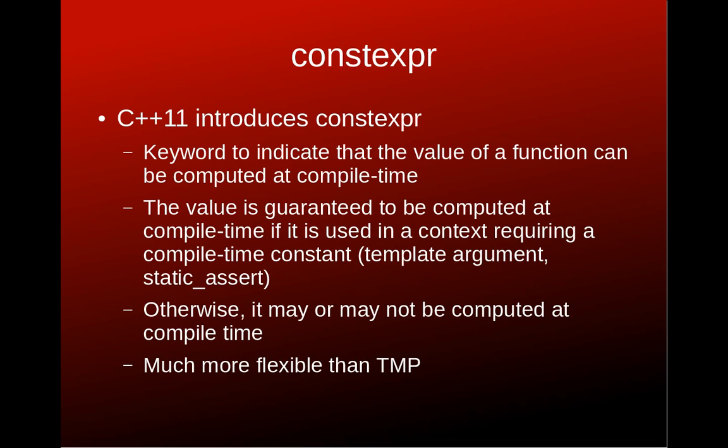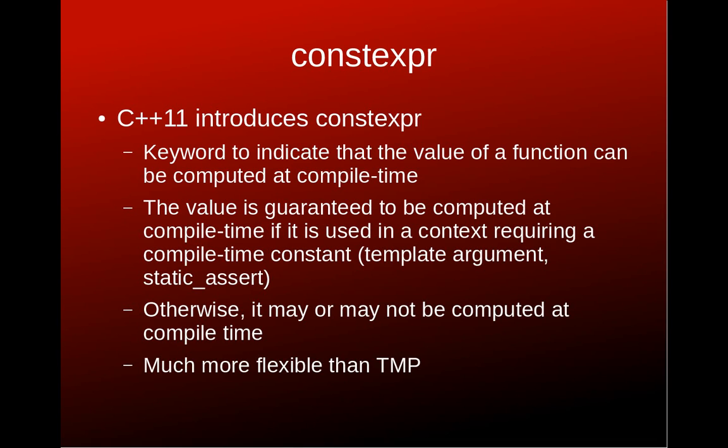If you have a context that requires a compile time constant, and you supply it with a constexpr function, then that function will be evaluated at compile time. For instance, if you need to supply a value to a template argument, you can supply it a constexpr function, and that will be evaluated at compile time, and that's guaranteed. However, in other situations, it's not guaranteed.